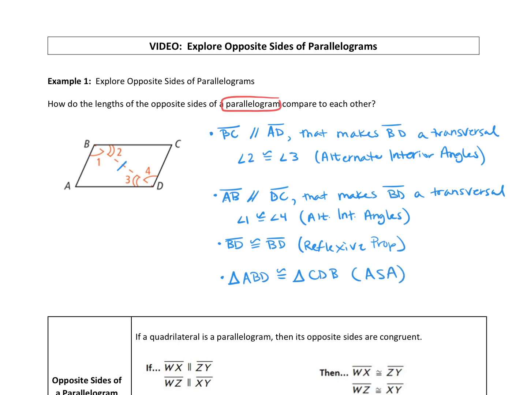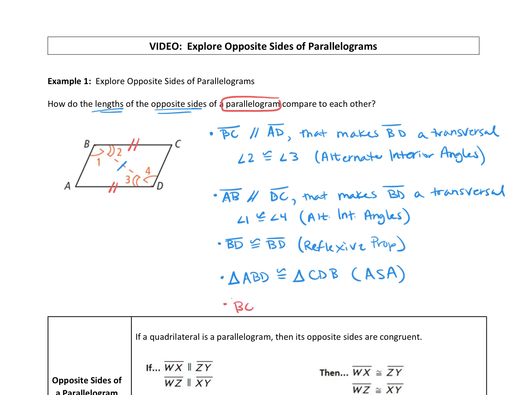So why are we even talking about all this, right? We're supposed to be talking about the lengths of the opposite sides. Well, through having some parallel lines and creating two triangles with that reflexive property, we've got that congruent side, so you have congruent triangles. When your triangles are congruent, all the corresponding parts are congruent. So side BC will be congruent to side AD. Those are corresponding parts.